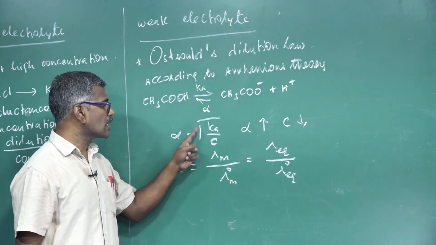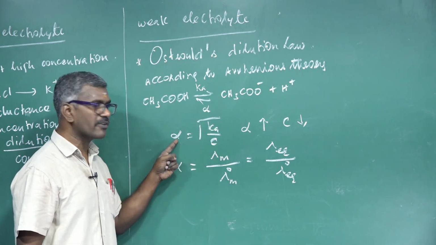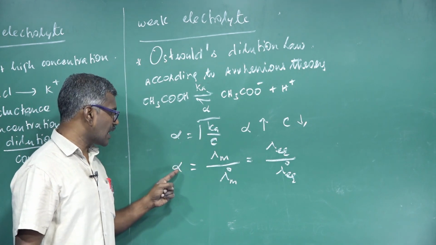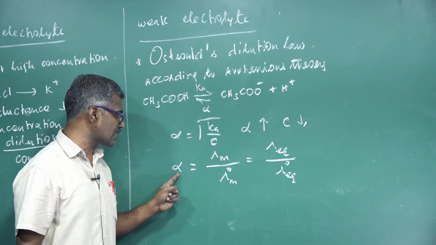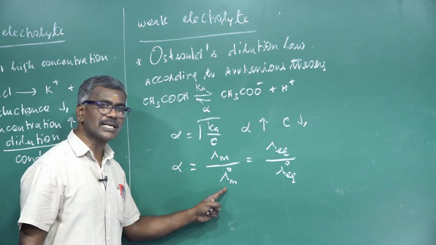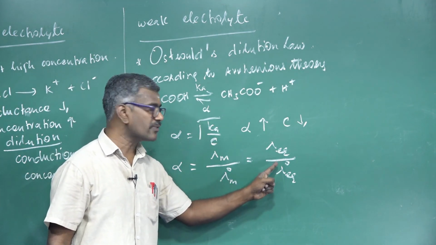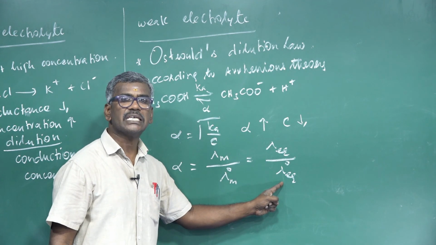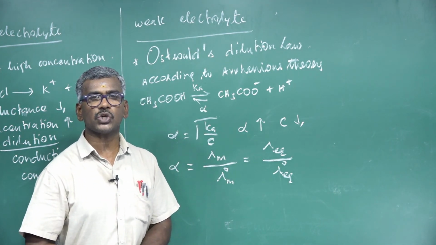Alpha equals the square root of Ka divided by C. If concentration decreases, alpha value increases. This is the degree of dissociation, the ratio of molar conductance to molar conductance at infinite dilution, which equals equivalent conductance divided by equivalent conductance at infinite dilution. This covers the weak electrolyte and strong electrolyte.